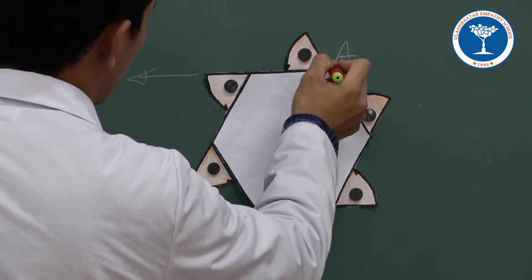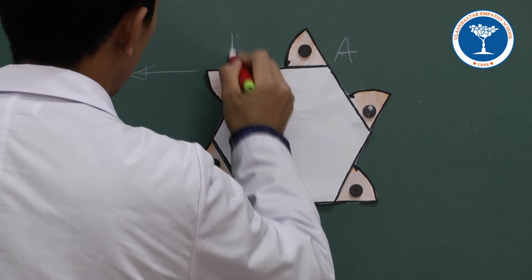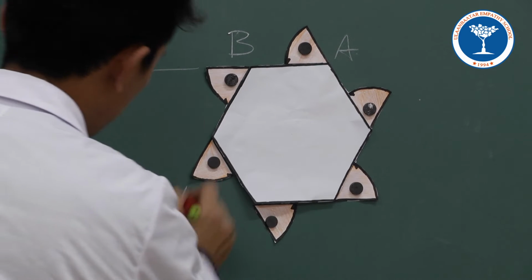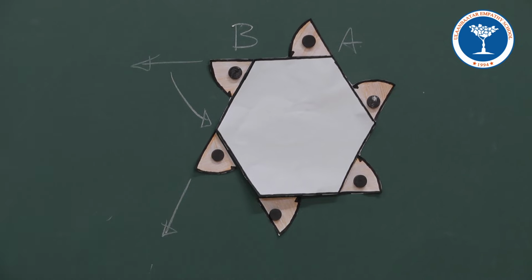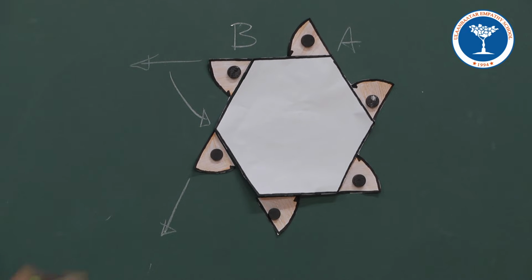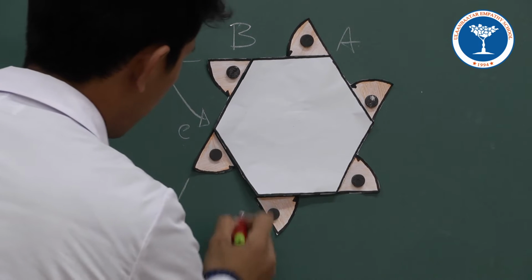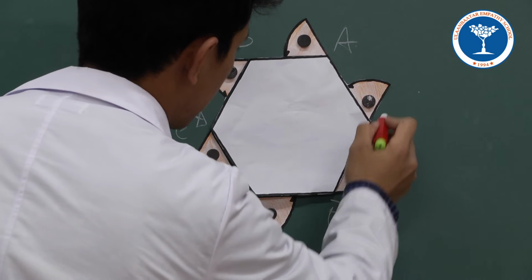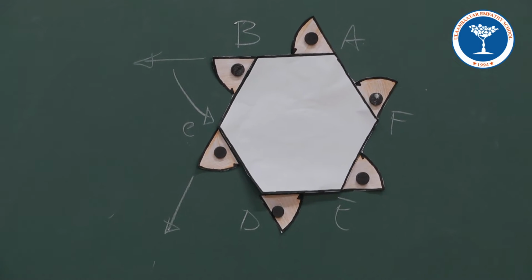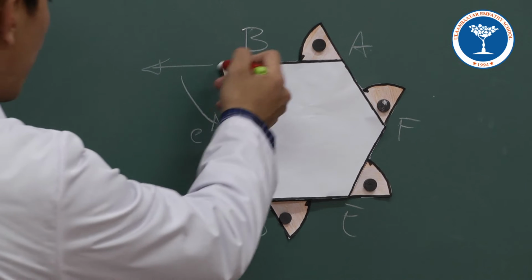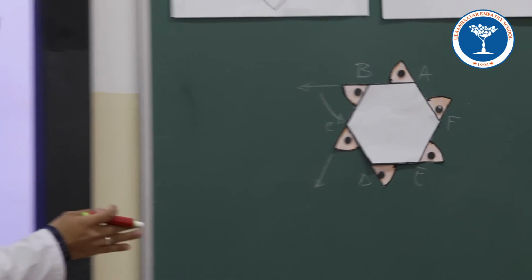I have walked from point A to point B and turned to this direction. This is point C, and point D, and then E, F. I have done this procedure, walking in this direction and turning to the other side, yes?